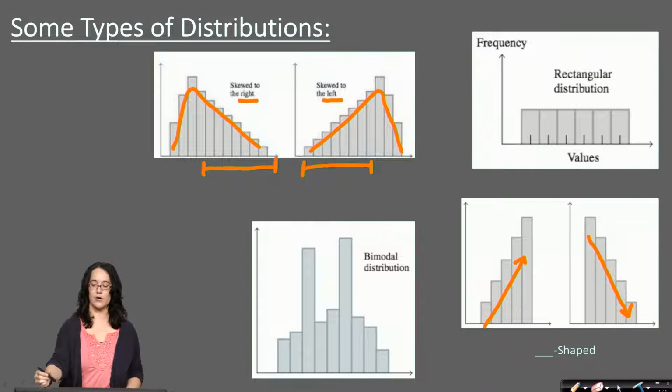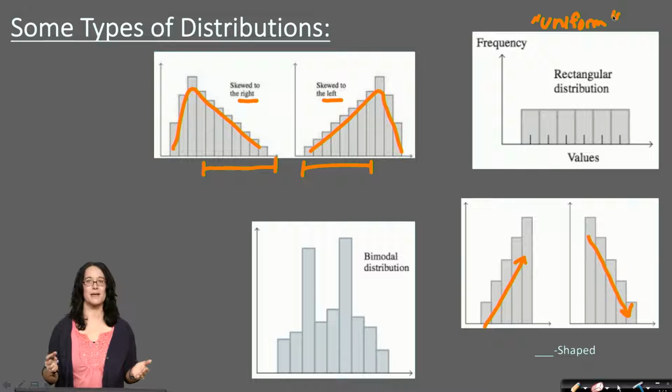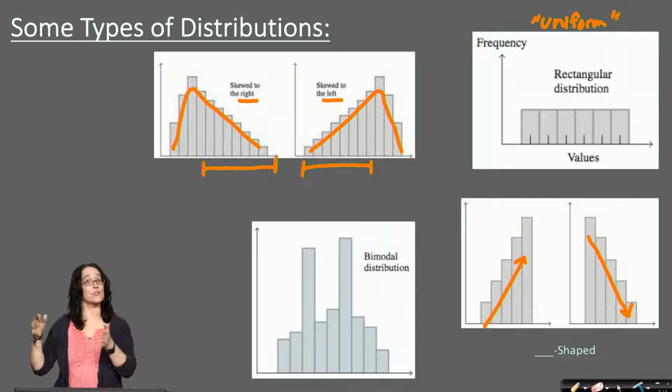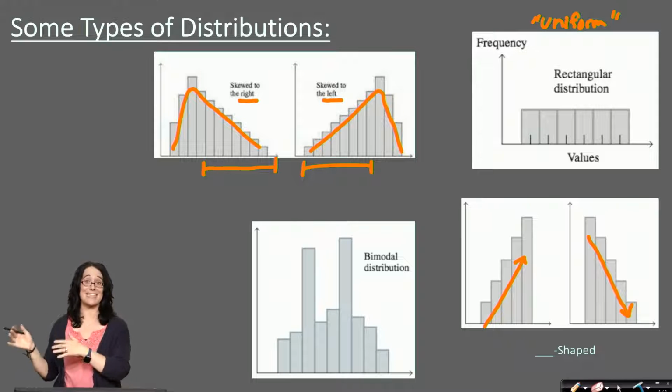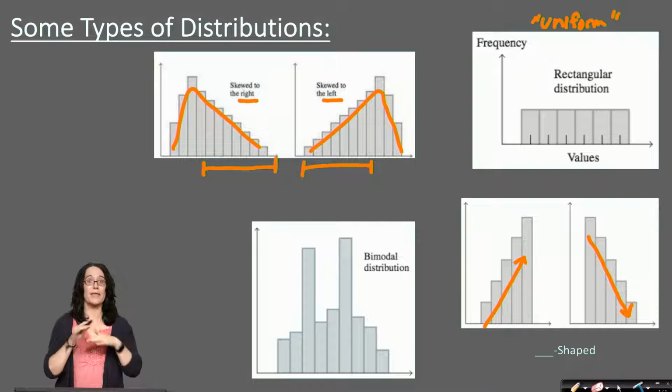We also have something called a uniform distribution. Very rare and kind of boring, to be honest, but a uniform distribution is one in which the frequency for every single class is the same. They're all equally as likely to happen. So for example, if I gave a test and I had 10 students who got an A, 10 students who got a B, 10 students who got a C, 10 students who got a D, 10 students who got an F, that would be a uniform distribution because every class of grades had the same frequency, okay?